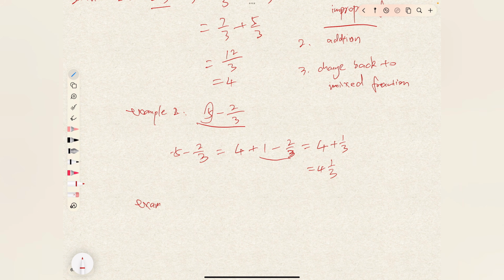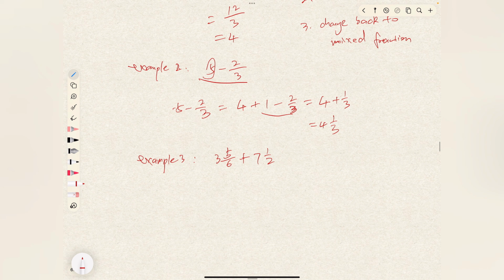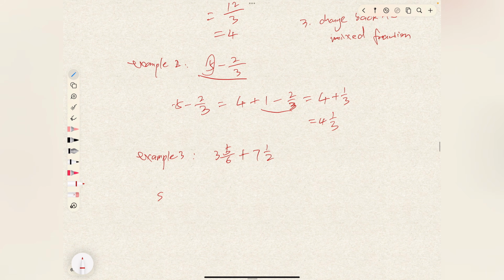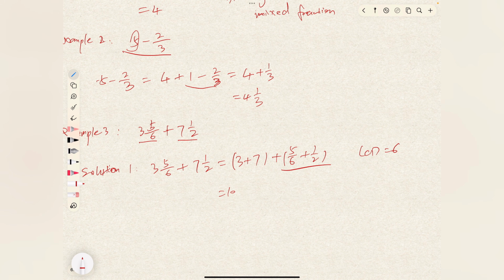Let's do another example. 3 5/6 plus 7/2. So solution 1 is we just use the whole part as a whole part: 3 plus 7 plus 5/6 plus 1/2. So that's 10. And for this part the LCD is 6.